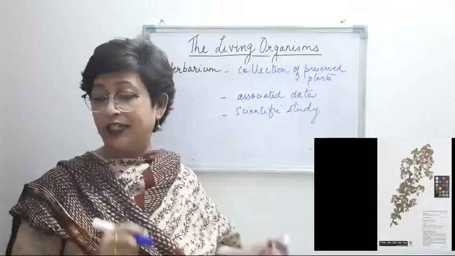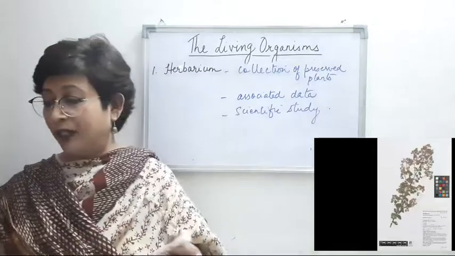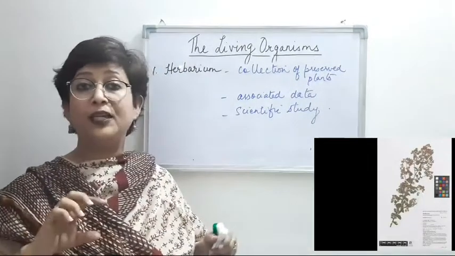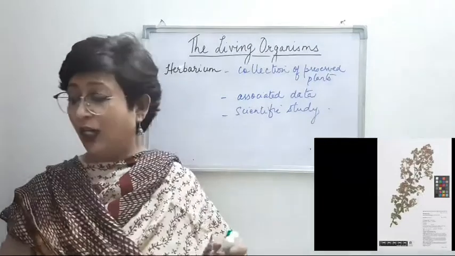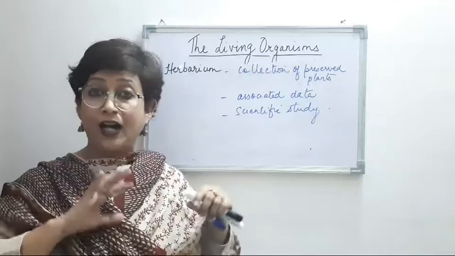Now let's go into the detail of how this herbarium is prepared. Now the specimens, as I told you, may be whole parts of the plant or maybe a part of a particular plant, and these are usually dried first, right?